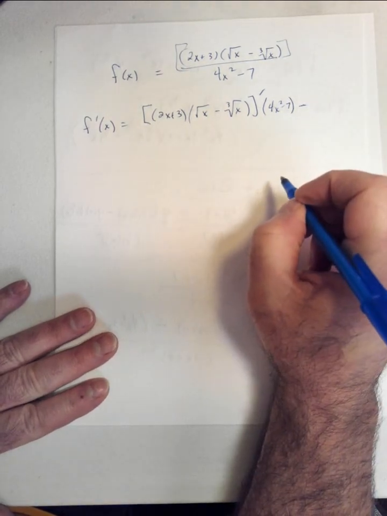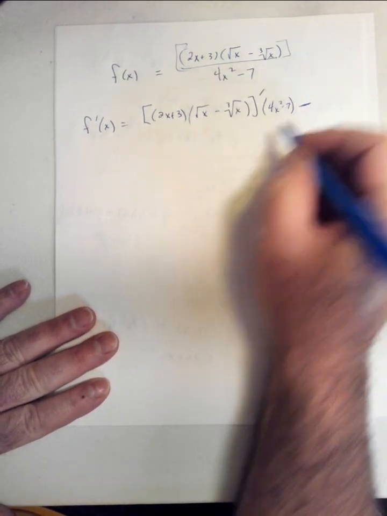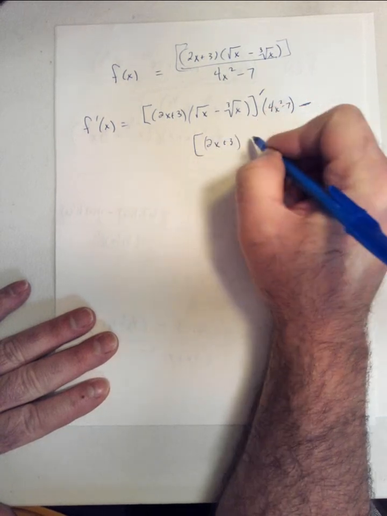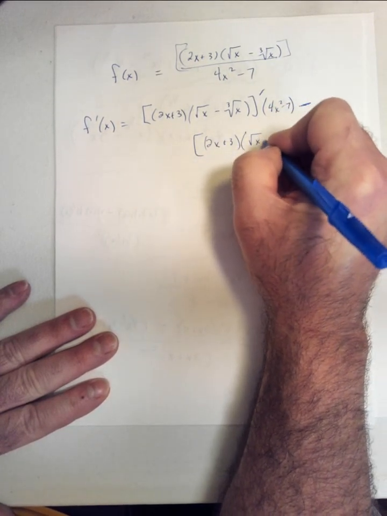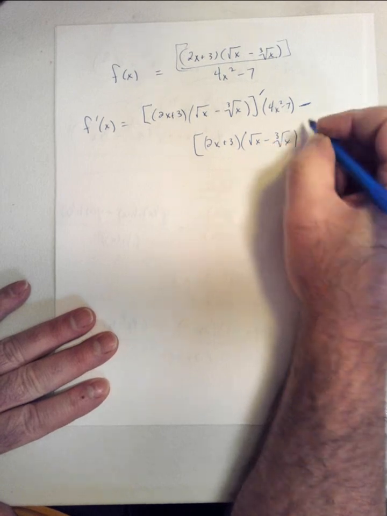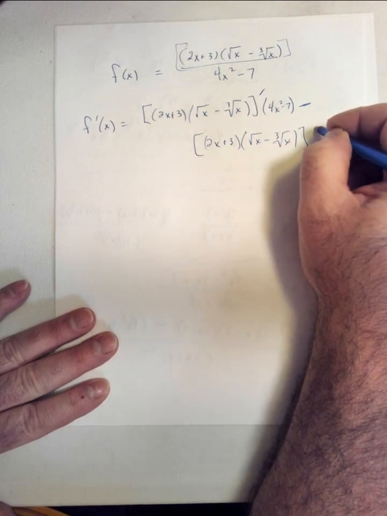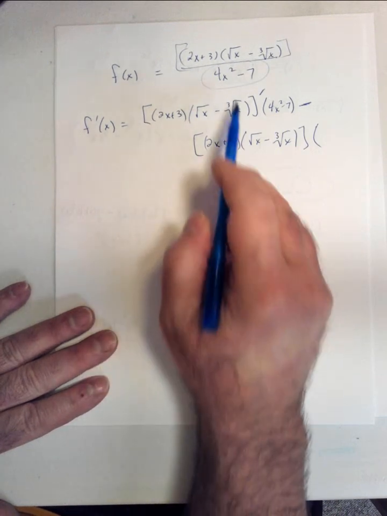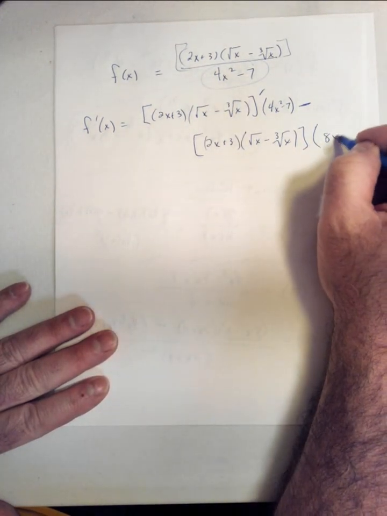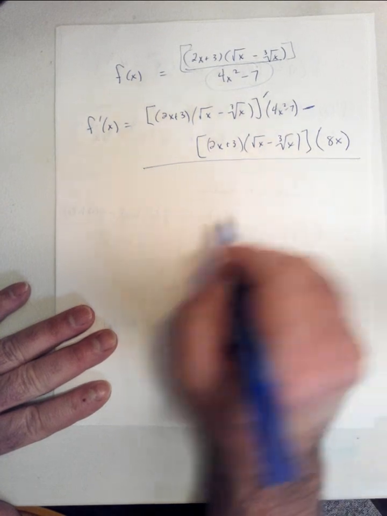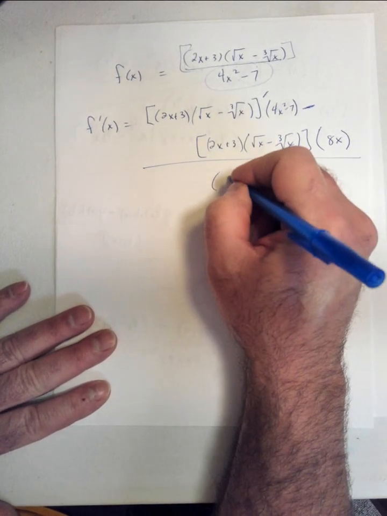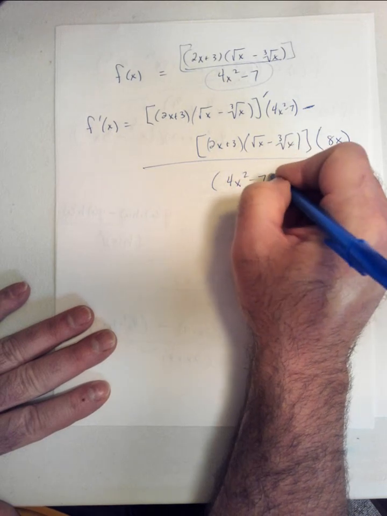Minus the whole top piece, right, which is that, times the derivative of the bottom, which is simple enough to go ahead and do, so that's 8x, and that's all over, so the whole thing's in my numerator, and that's all over the denominator squared.